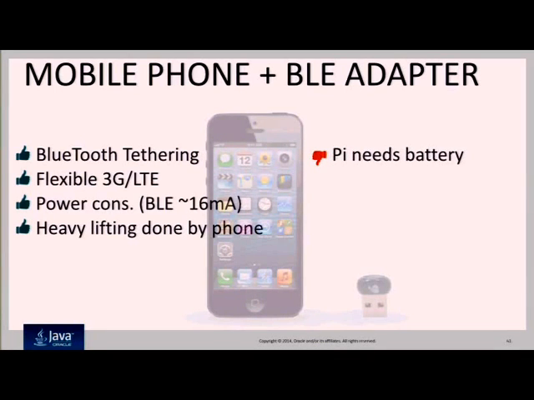The drawback is the Pi needs a battery, all right? This is really something you have to address, and that's not easy. Because the Raspberry Pi has no connector for a battery. It has a USB charger. You can put a USB plug in and then use a power pack or something to draw from. But the problem with this one is the Pi has no idea about the battery.